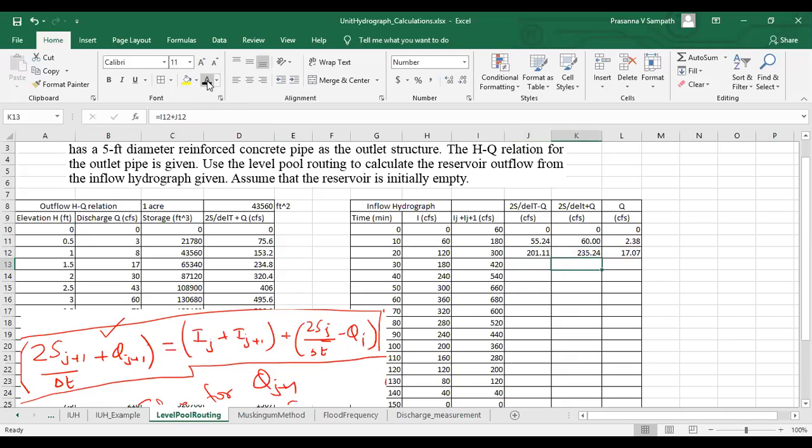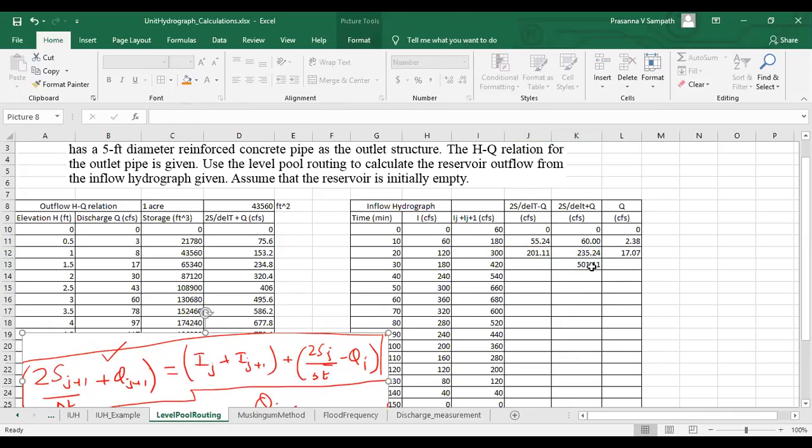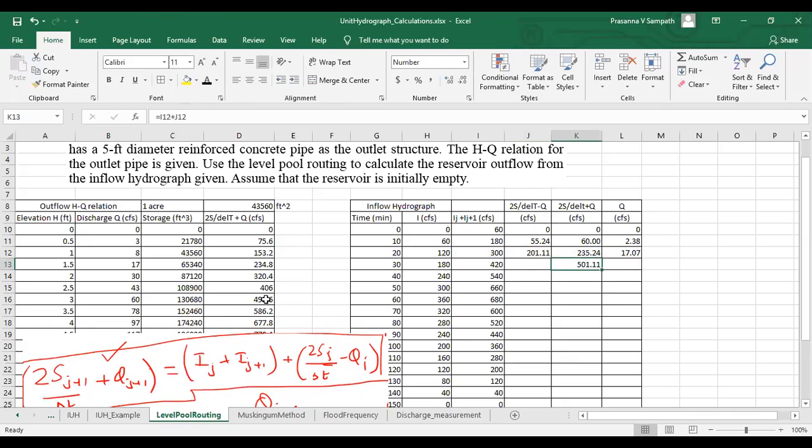Then I go to the next time step, which will be ij plus 1 plus 2s by delta t minus q at the jth time step. I have that number over here. Then I go back into the table. I look at it. It's 501.11. It falls somewhere between these two numbers, 495 and 586. So again, I do linear interpolation there. Okay, 61.09 and so on.